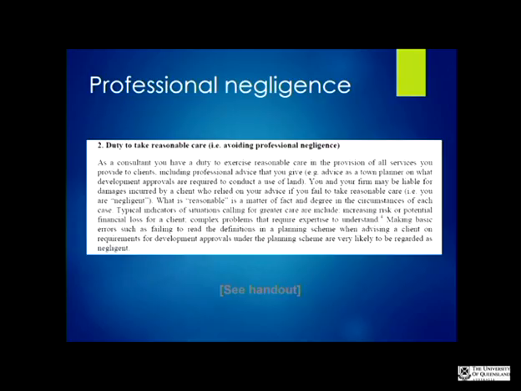If it's something that's very complex, then you are required to exercise a higher level of care, and so on. For example, if you advised your client that they did not need to refer to the minister under the EPBC Act, that would be considered negligent if you'd failed to carry out any investigations of whether any matters of national environmental significance were triggered by the project.